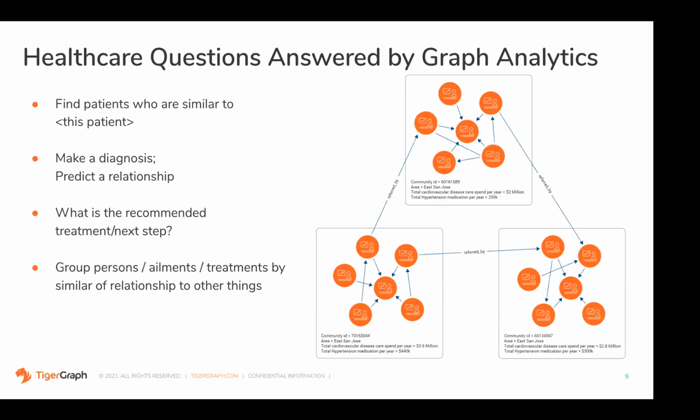The data is constantly changing, and new relationships are coming up all the time. So you can then use a graph to help you make a diagnosis based on the patterns you see. You can make recommendations for treatments or next steps, like our customer is doing, and you can start to group things by their similarity of situation.